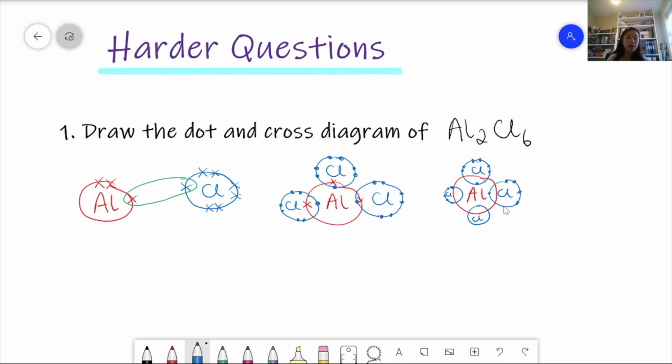So then an aluminium must bond probably with a chlorine. But then again, we have the problem of aluminium not having any electrons left. So that's when we turn to coordinate bonding. 2, 3, 4, 5, 6.